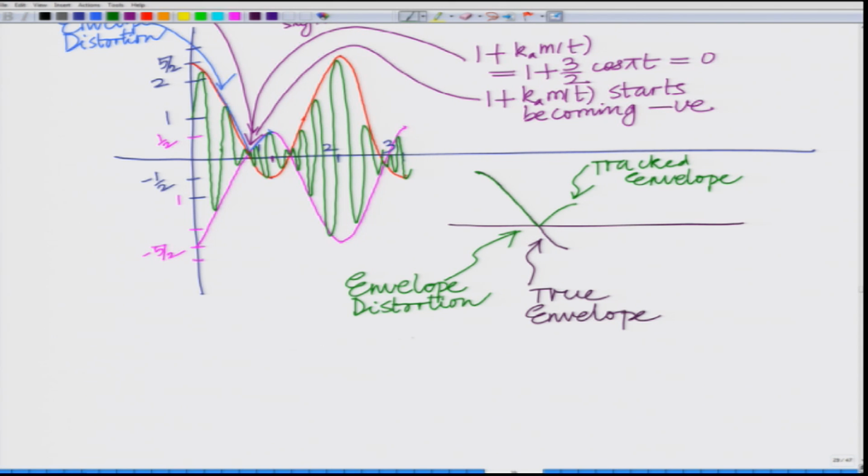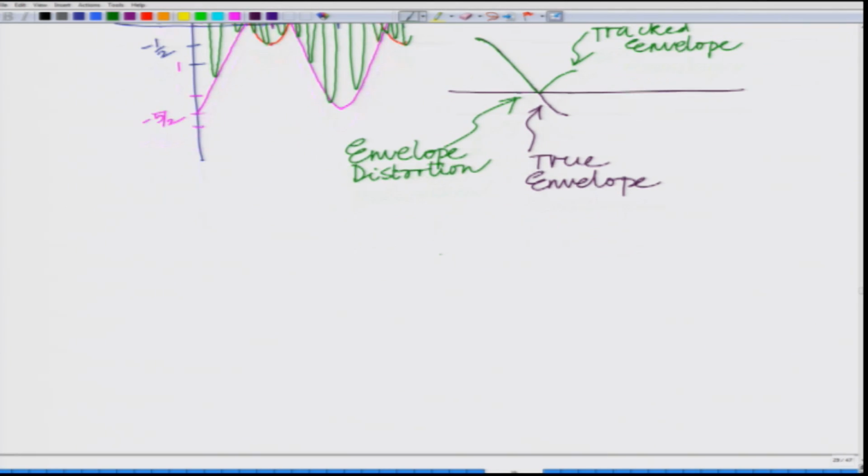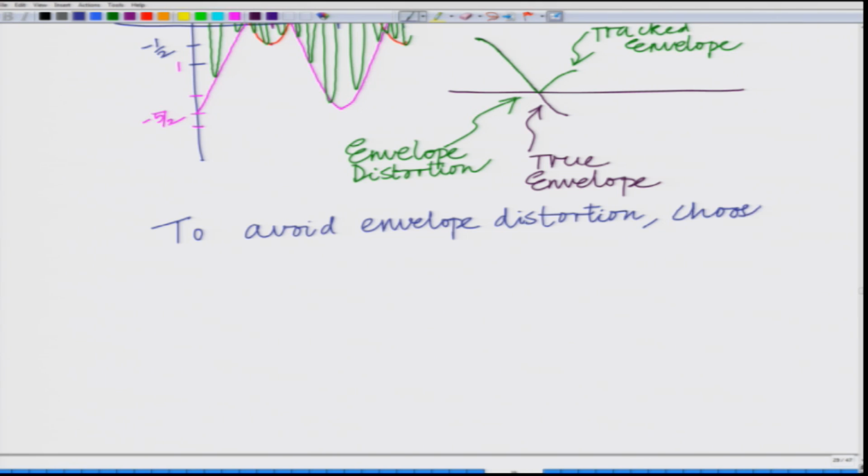And therefore, to avoid envelope distortion, we can clearly see that the sensitivity factor Ka should be chosen appropriately.